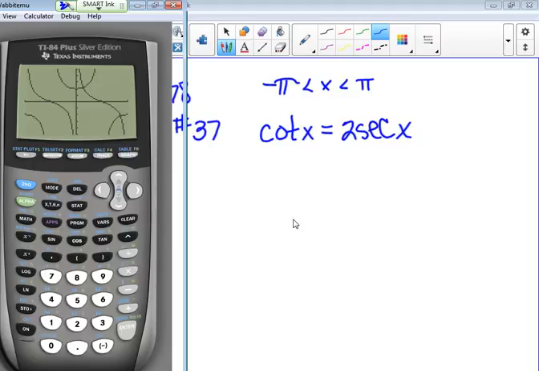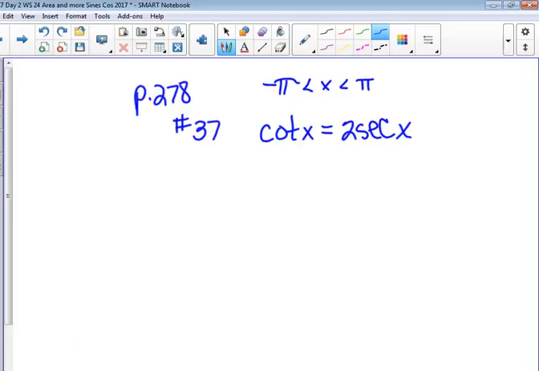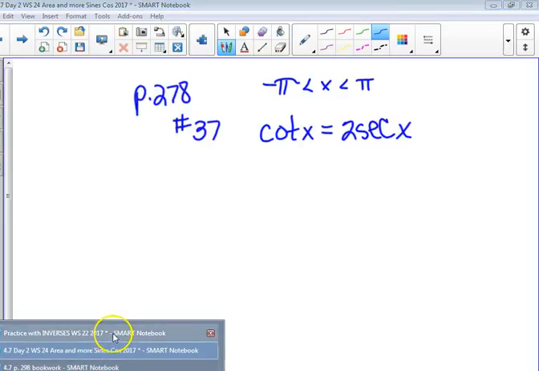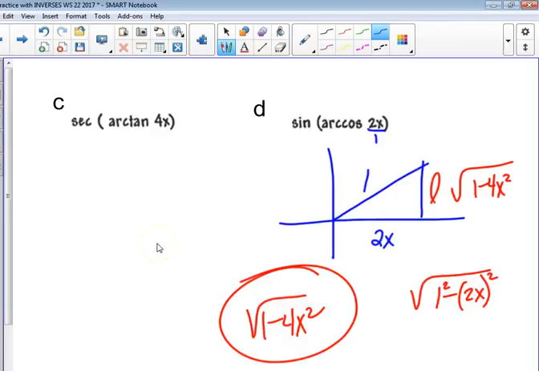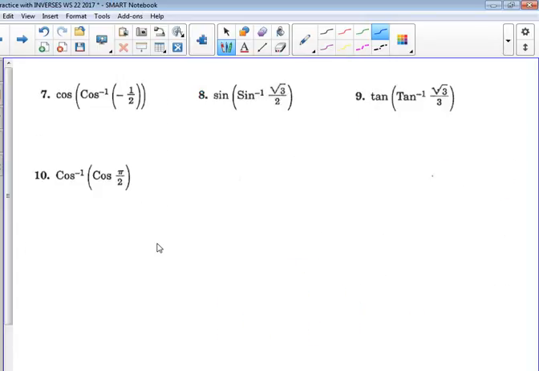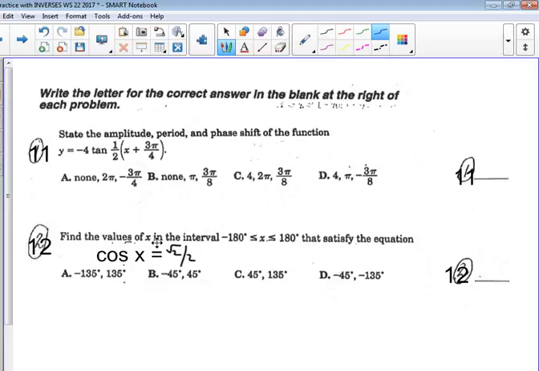Anything on worksheet 22? Worksheet 22, we had number 11. You had a question? Okay. Oh, this is icky. This is a tangent graph, which makes this a little more interesting.